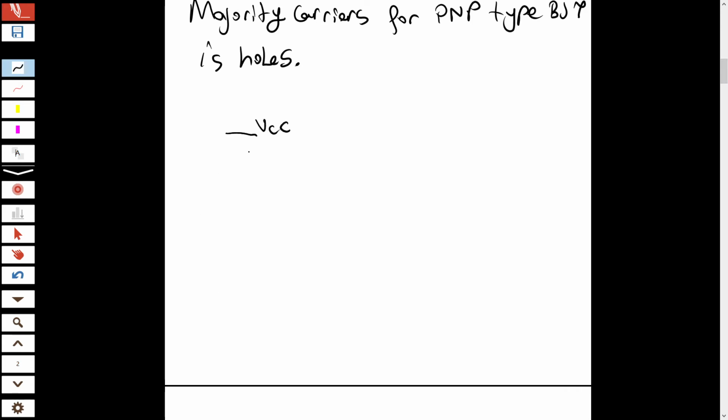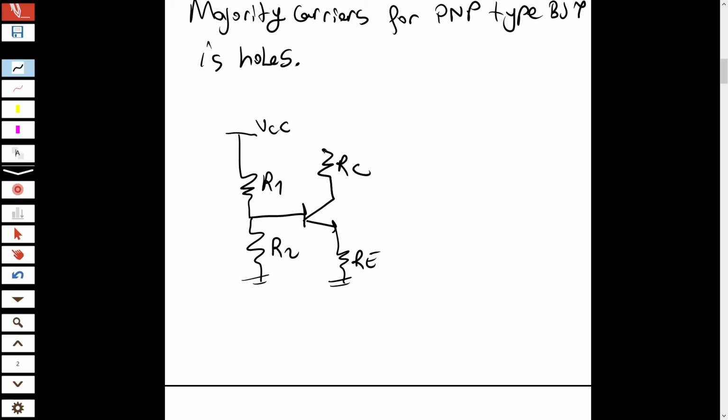Here there is VCC, here there is R1, here there is R2, RC. So in DC case, my circuit becomes like this. Right now, I will simplify the circuit. How can we simplify it? Look at this side.